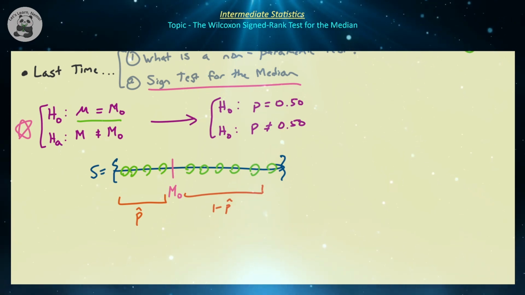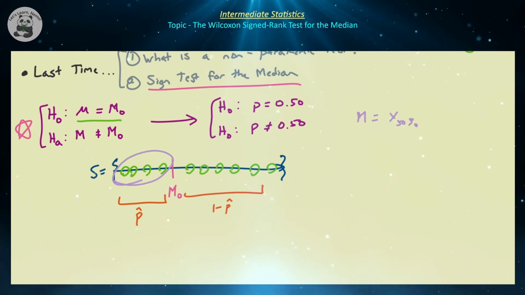Now keep in mind, you can slightly manipulate the sign test for the median and do any percentile you're interested in, because a median is just the 50th percentile. For example, if M0 was the claim value of the 40th percentile, then we'd like 40% of the data to be less than or equal to it.